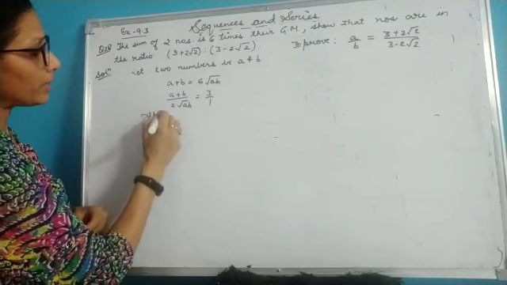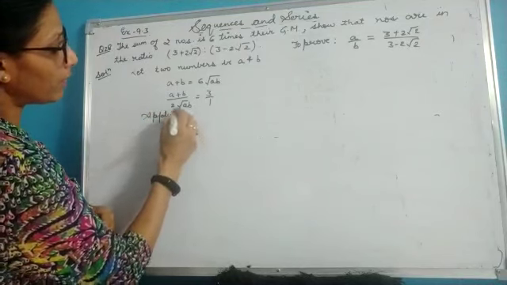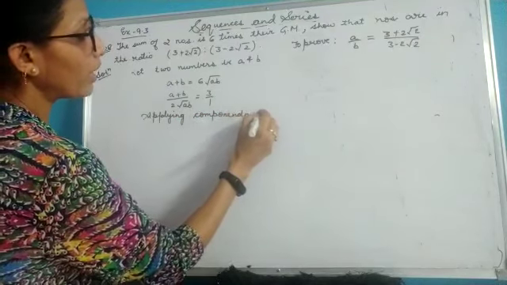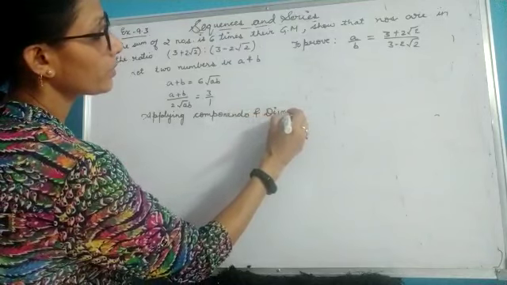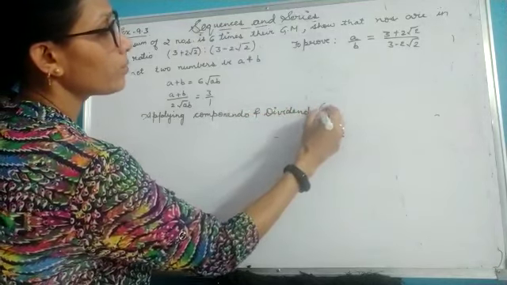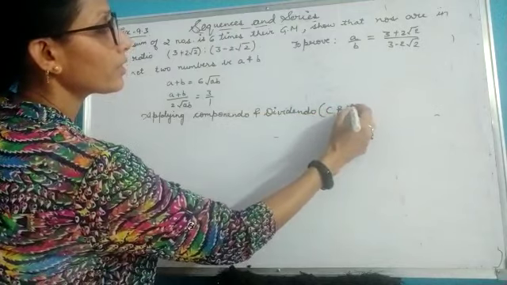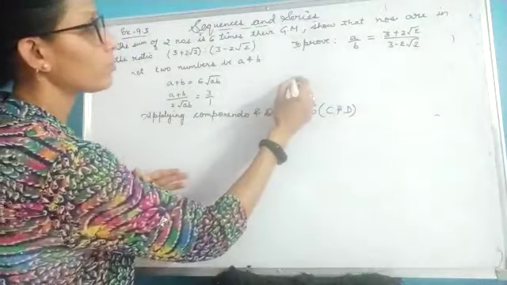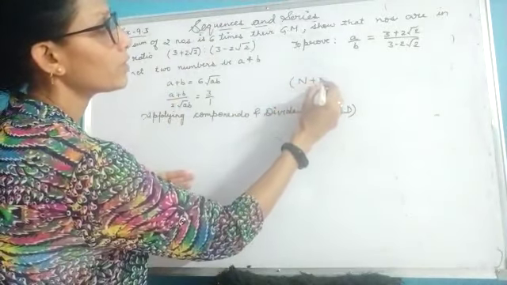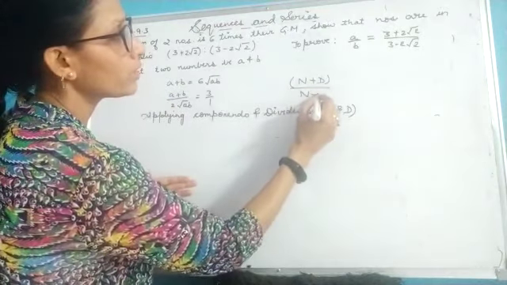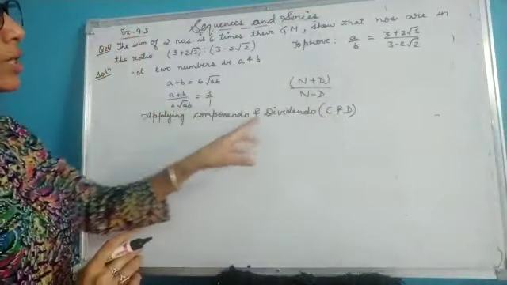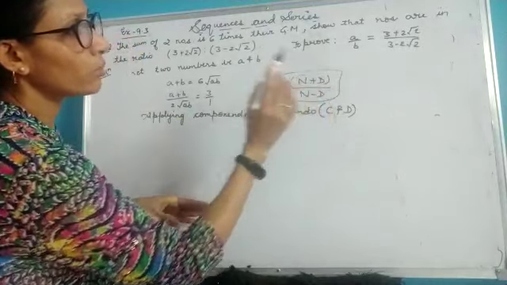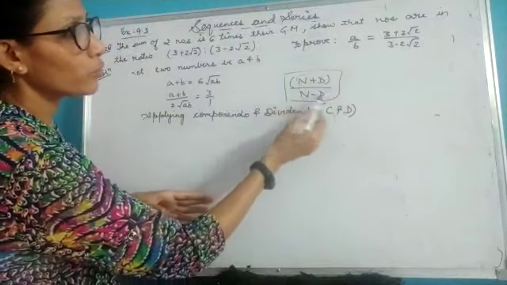Here I will be applying componendo and dividendo, or simply I can say C and D. Children, whenever you are applying this method, that means you have to do numerator plus denominator whole upon numerator minus denominator. This is your componendo and dividendo. So whatever is numerator you have to add denominator to it, and then in the denominator you have to subtract these things.